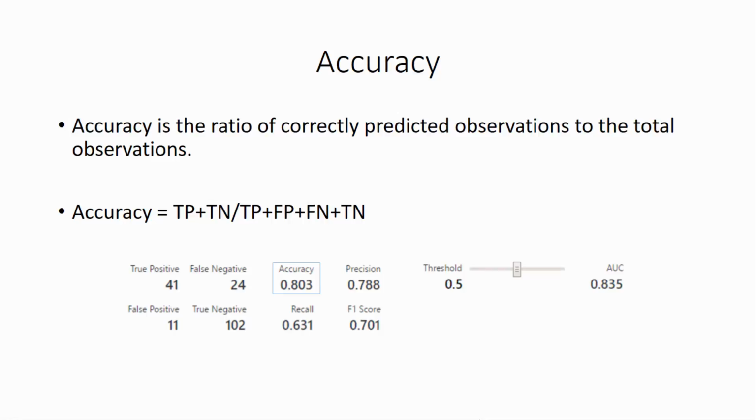Yes, accuracy is a great measure, but only when you have symmetric datasets where values of false positives and false negatives are almost the same. Therefore, you have to look at other parameters to evaluate the performance of your model. For our model, we have got 0.803, which means our model is 80% accurate.